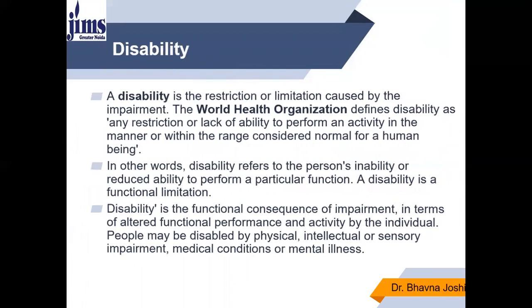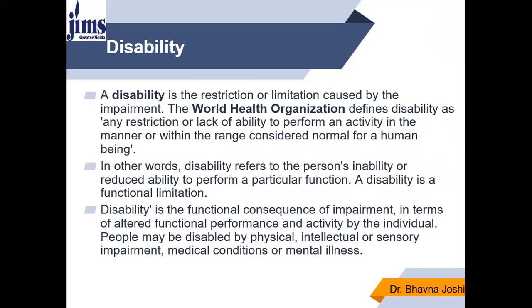Now this is impairment. Now what is disability? These are words which we usually use in our day-to-day life, but what exactly do they mean? Disability is the restriction or limitation caused by the impairment. These two words are not the same, although we use them as synonyms. Disability is whatever restriction or limitation is caused by the impairment, the abnormality of the organ.